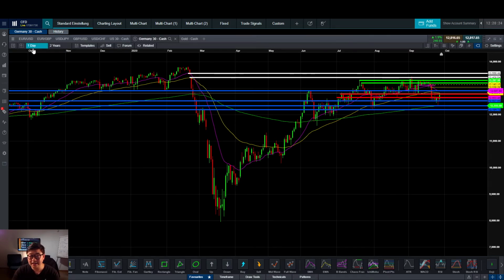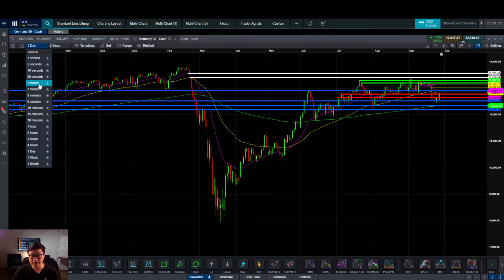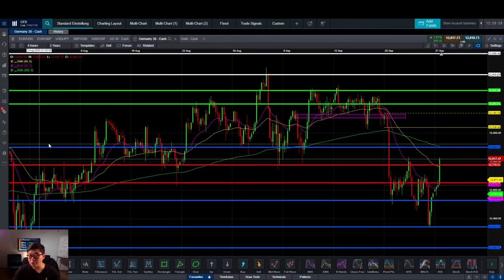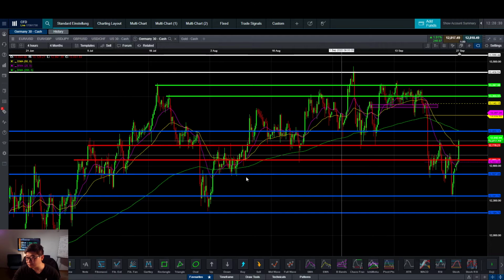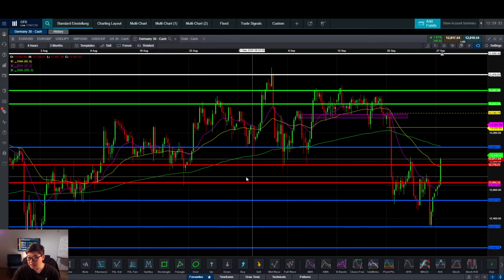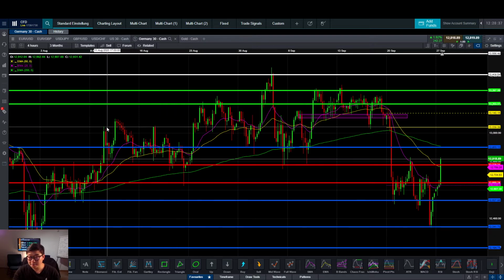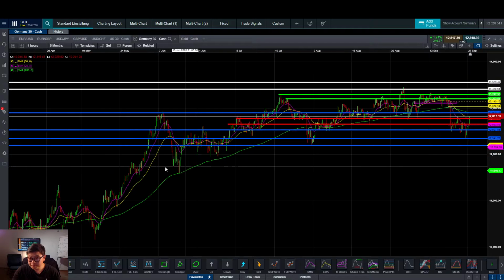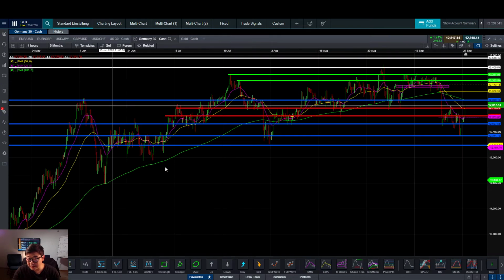Now we will look at 4 hours to see if we can draw different lines, different areas that we expected to consider to be a resistance or support. I don't see any that are that vital.